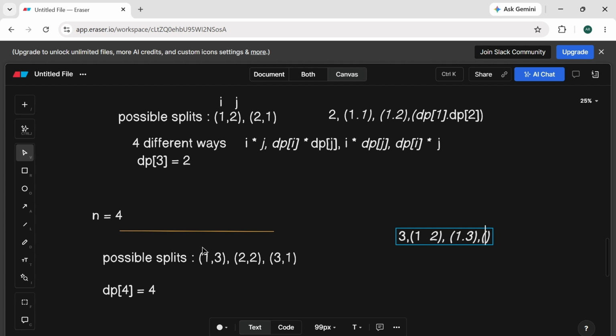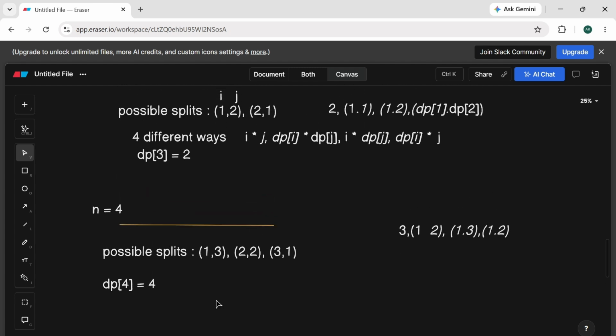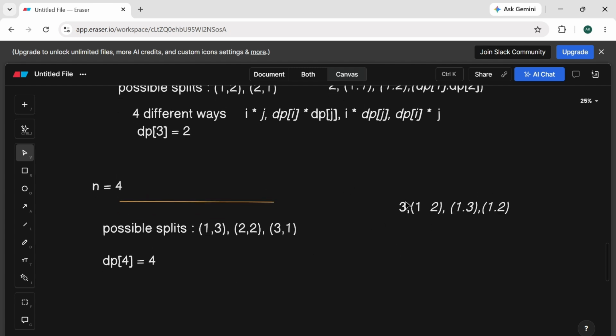Another way is splitting both of them, and another is 3, for which we already know the answer is 2. So out of these four ways, which one is giving me the maximum? 1 into 3 is 3, so out of these we are getting the answer 3, right? But we still have other ways to split the length 4 rope.